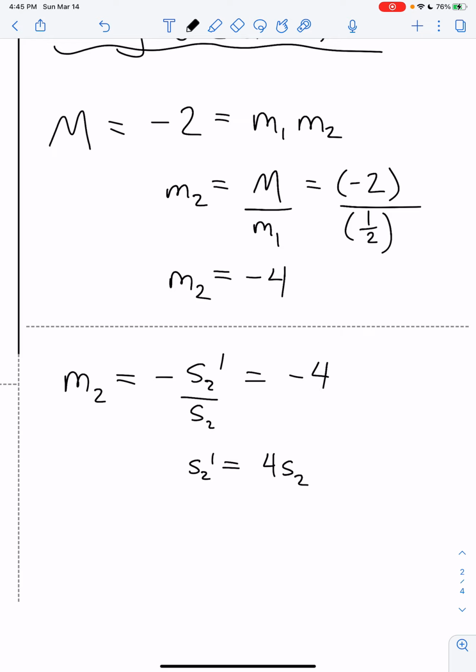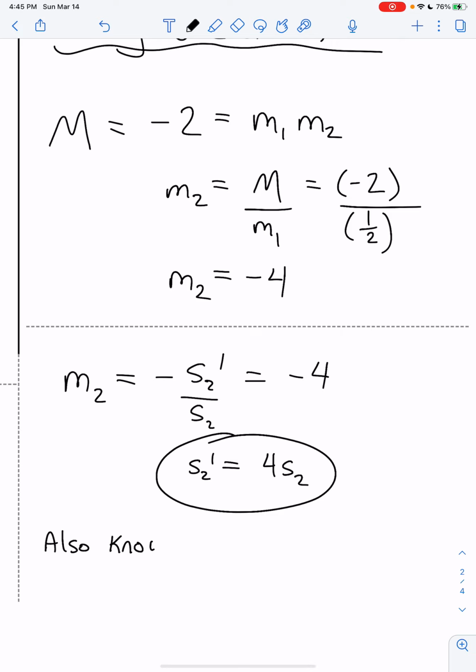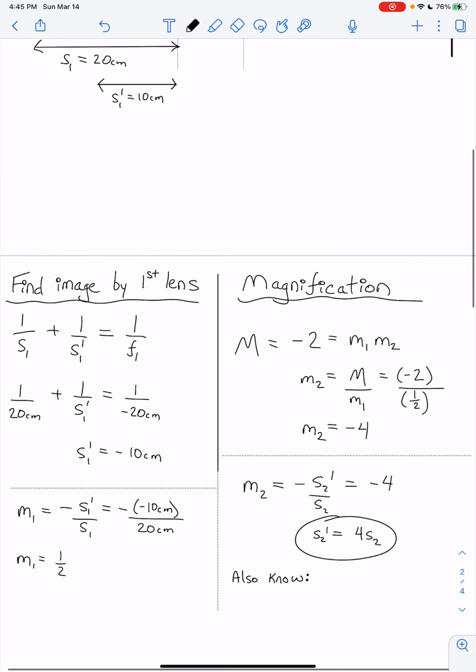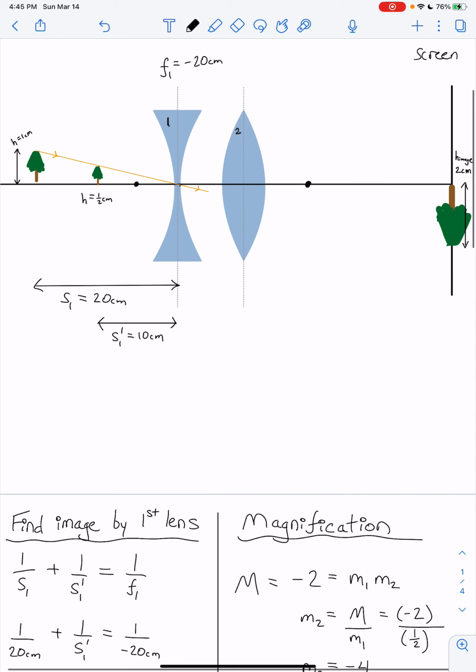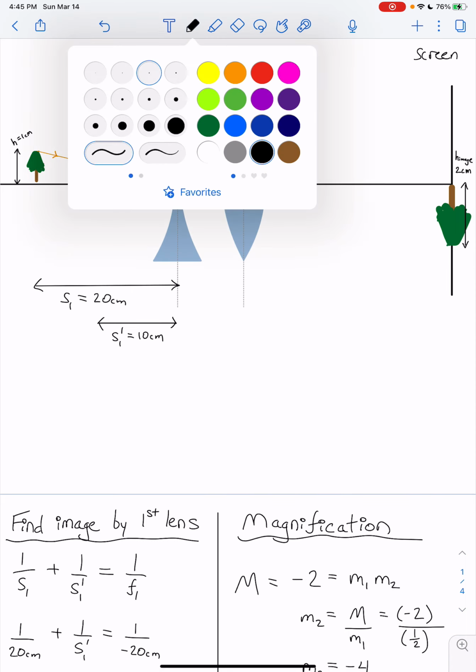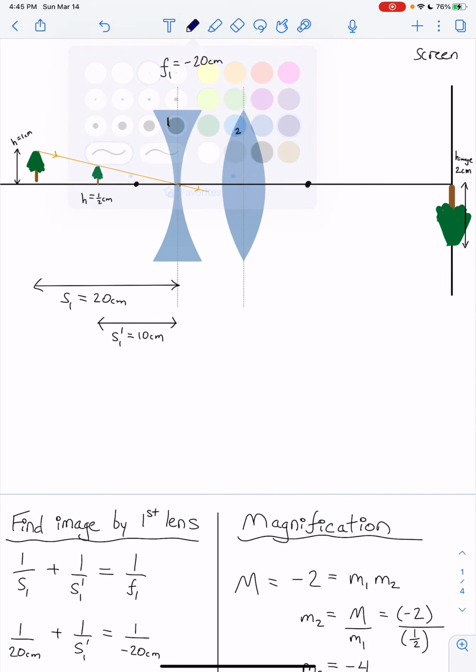All right, so what do we do with that? It's an expression rather than giving us a value. Well, what else do we know about these distances? Well, let's go back up to our diagram and take a look. Let's draw those distances out. Maybe I'll do them in a slightly different color.